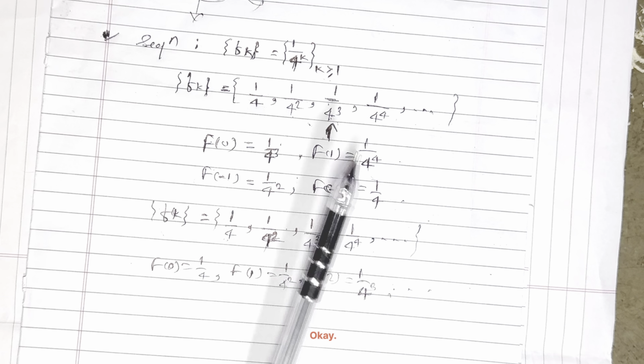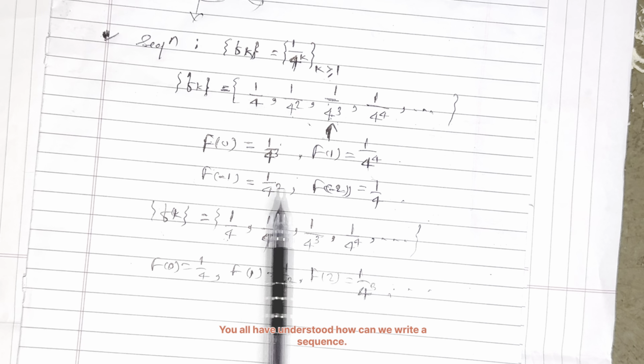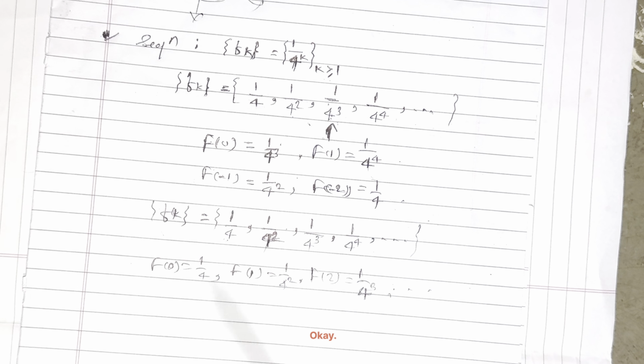So representation mostly matters in our Z transform. I hope you have understood how we can write a sequence, and it is just an expansion of the terms.